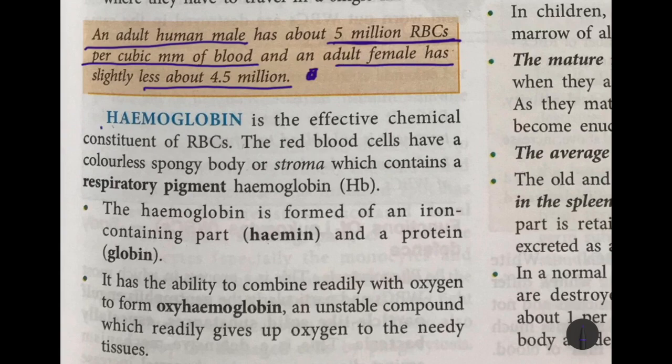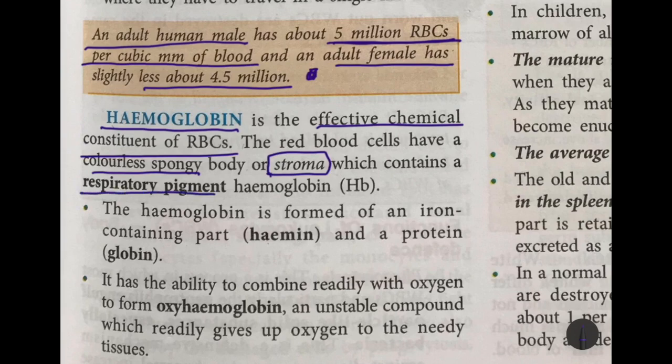Now, hemoglobin is the effective chemical constituent of red blood cells. The red blood cells have a body which is colorless and spongy. Okay, the body is also known as stroma, and the stroma, or the body of the red blood cells, contains a respiratory pigment which is known as hemoglobin, also abbreviated as HB.